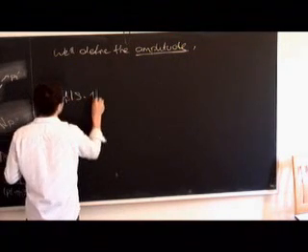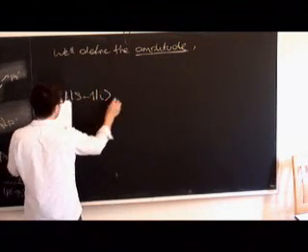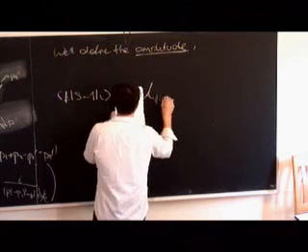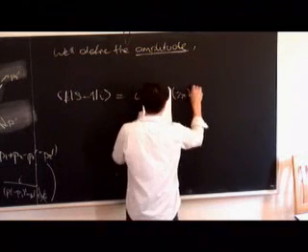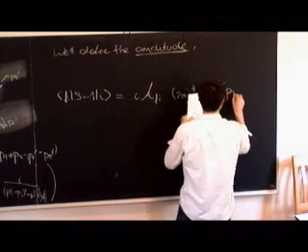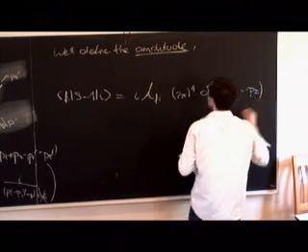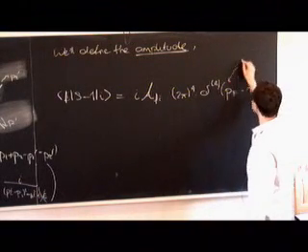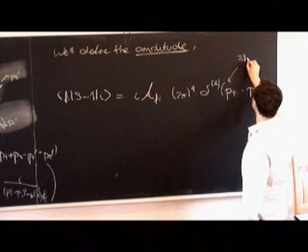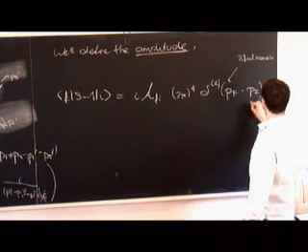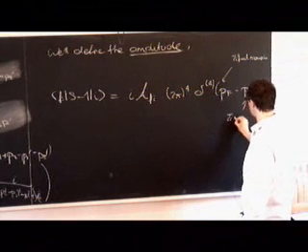So in general, some initial state going to some final state is always going to have a (2π)^4 times some delta function, where this is the sum of the final momenta and this is the sum of the initial momenta.